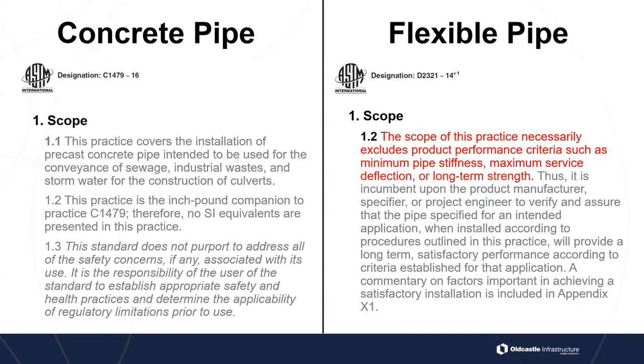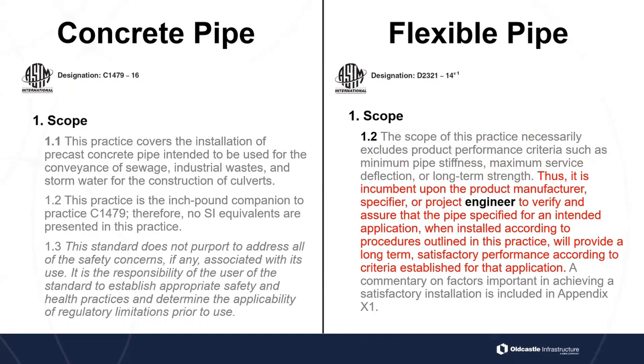If we move on to section 1.2, it says the scope of this practice necessarily excludes product performance criteria such as minimum pipe stiffness, maximum service deflection, or long-term strength. Thus, it is incumbent upon the product manufacturer, specifier, or project engineer to verify and assure that the pipe specified for an intended application, when installed according to procedures outlined in this practice, will provide a long-term satisfactory performance according to criteria established for that application.